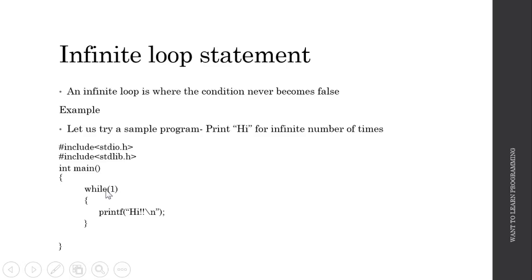And inside the while loop, we write the printf hi backslash n statement. What happens is this program runs for an infinite number of times. That is, until you close the console, this program will be continuously running and it will not come out of the while loop. So this is called as infinite loop statement.